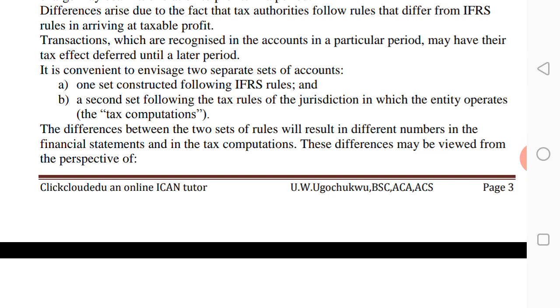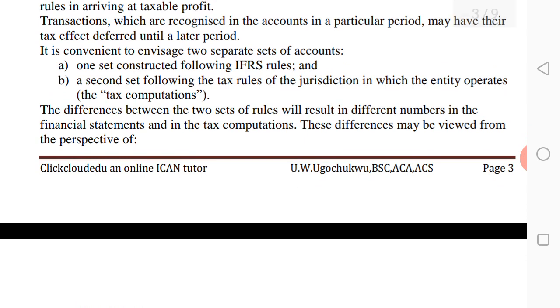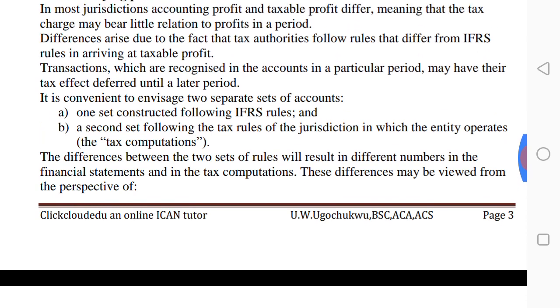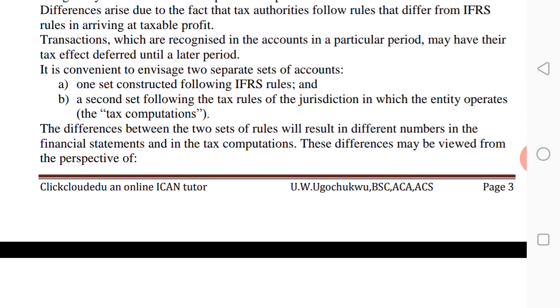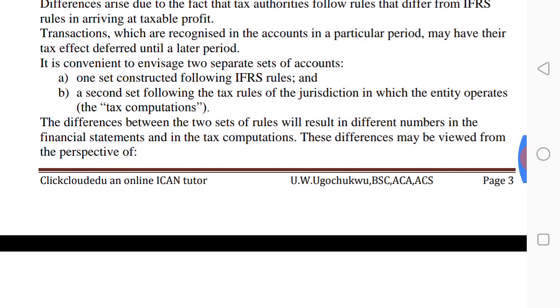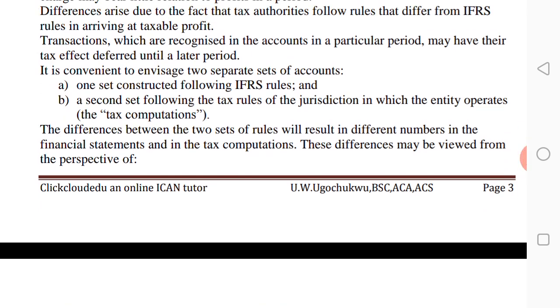That is the meaning of deferred taxation. Accounting will recognize a transaction now, while tax will say no. Mostly they are incomes that do not warrant cash. Remember that in taxation, our tax is based on cash items. That means when you make cash sales, that's when we pay tax.